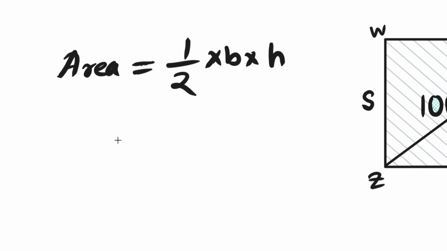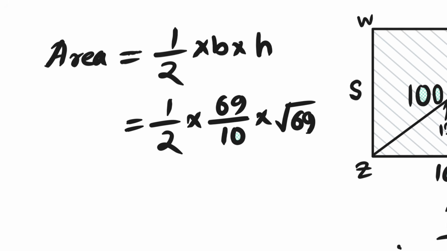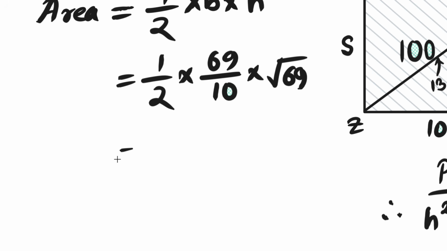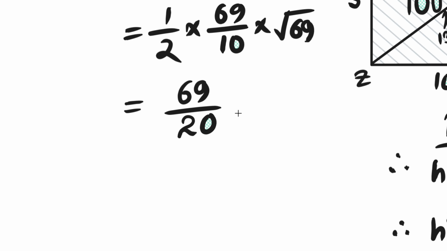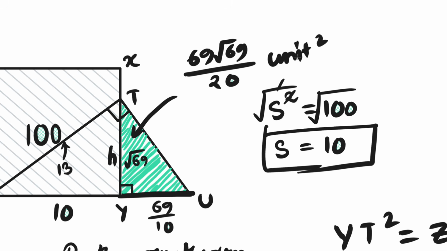The area equals 1/2 multiplied by 69 divided by 10 multiplied by square root of 69. Now let's simplify this expression carefully. 1/2 multiplied by 69 divided by 10 can be viewed as 69 divided by 20. Therefore, the area becomes 69 multiplied by square root of 69, all divided by 20. So, the exact area is 69 square root of 69 divided by 20 square units.